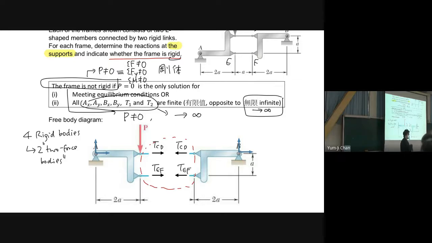The second thing is, what type of support do we have at A and B? Pin or roller support at A and B? Pin. Okay, so these are pin supports. So we have AX and AY, BX and BY here, and in free body diagrams we don't need to draw the support.